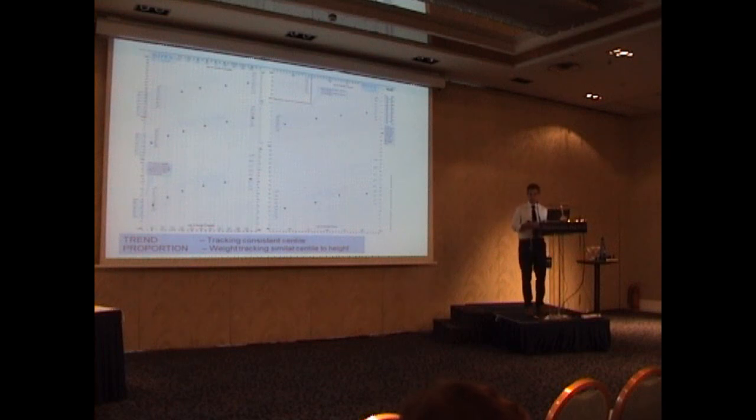You can see in this example here, we've got this child following the same line over time. The second point is that the child is proportional. So we want the child's weight to be on the same line as the child's length and head circumference. So they should be the perfect package. So proportional growth with a steady trend, this is normal growth. This is what we should aim for.